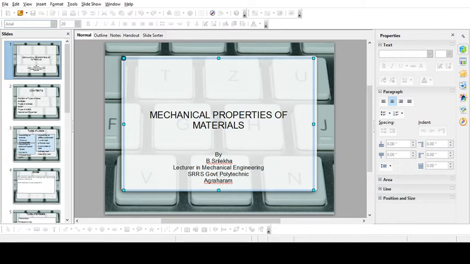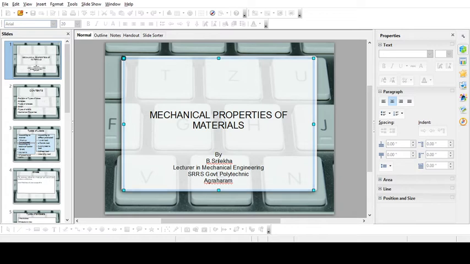Next, malleability. This comes when you are applying a compressive load. The ability of the material to deform under compressive load is nothing but malleability. When you are applying a sudden compressive load, what happens?